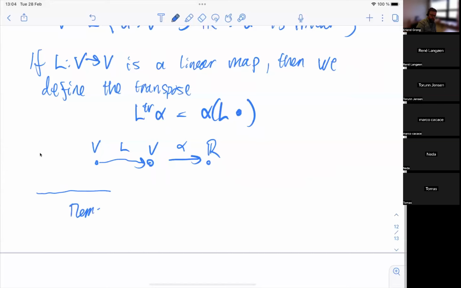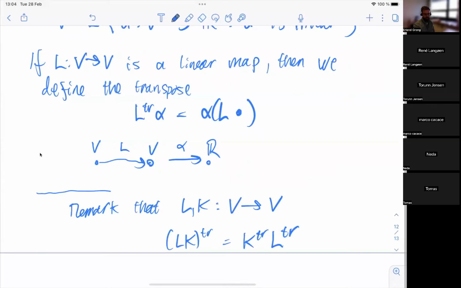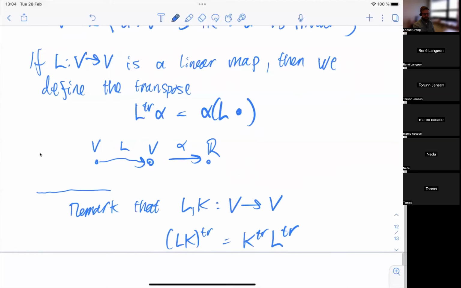We remark that if I have L and K going from V to V, then, just as with the normal transpose, (LK) transposed is equal to K transposed L transposed. So it changes the order in the same way.